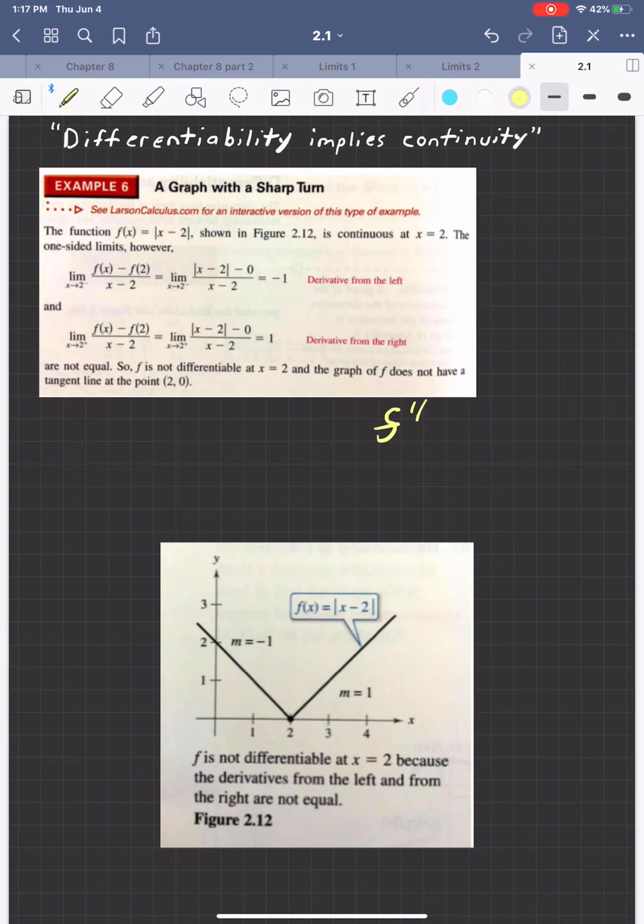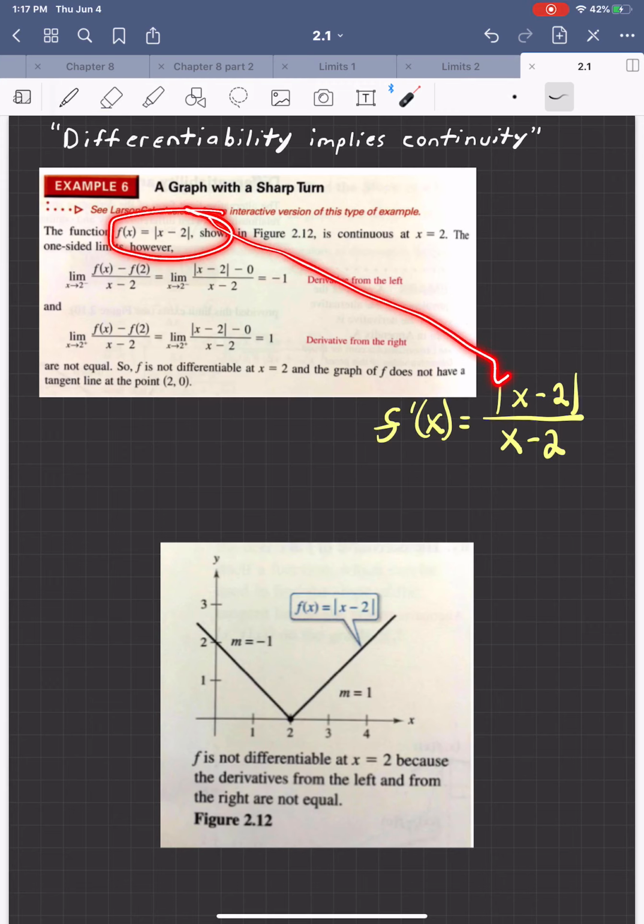If you were to take that derivative, which should be the absolute value of x minus 2 over x minus 2, on your own time, graph the following two: the original function and its derivative.